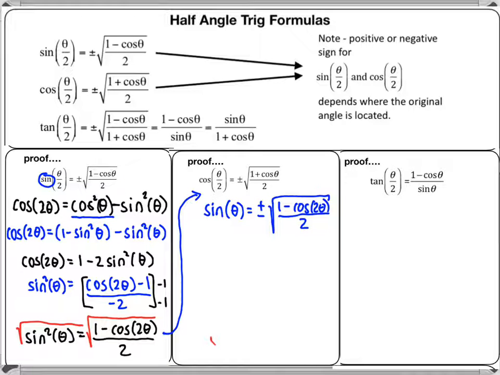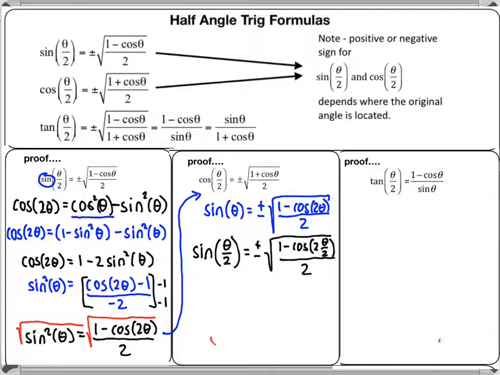So we're just going to drop in a half with that, and it's going to be the sine of theta divided by 2 equals plus or minus the square root of 1 minus cosine of 2 times theta divided by 2, all over 2.